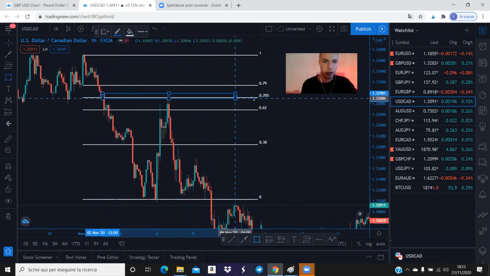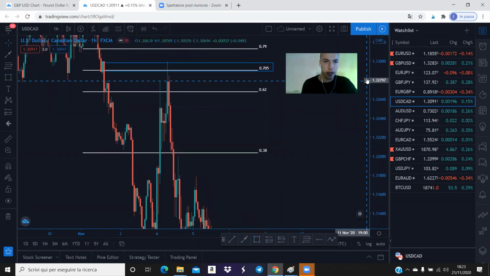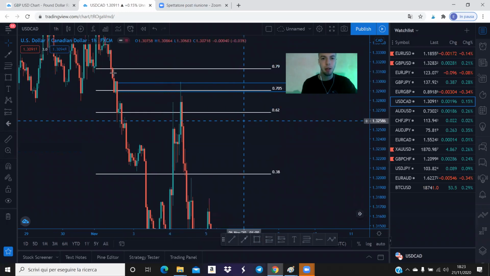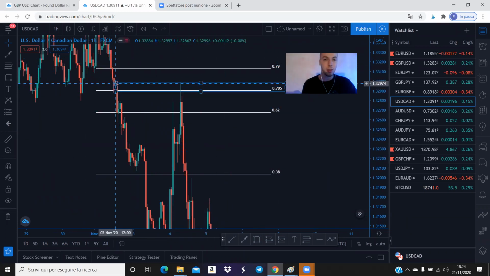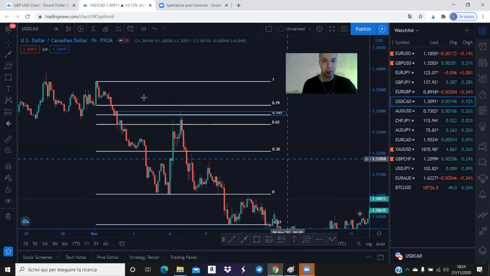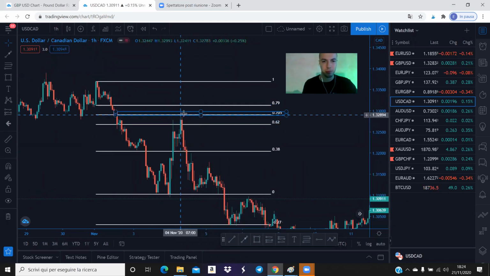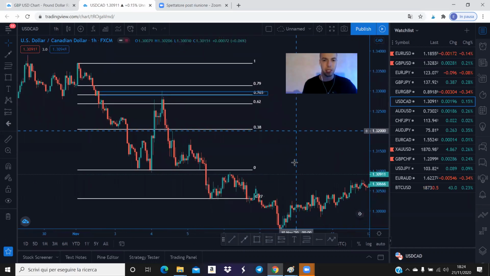And therefore, I put down my supply. Just by understanding the direction, putting down my Fibonacci's and looking for a supply inside my golden zones, we get a perfect entry. And this is perfect. You just enter and it goes straight to the downside.